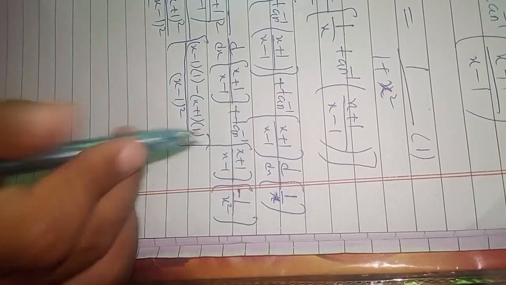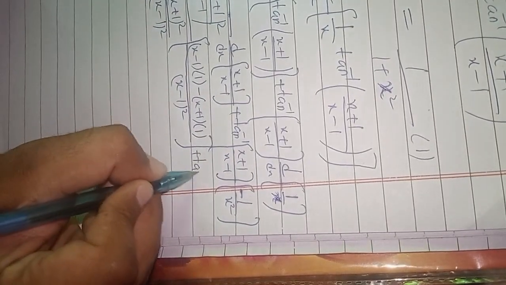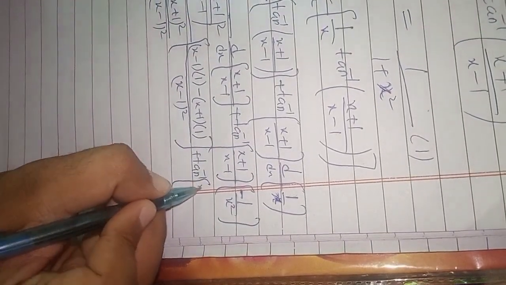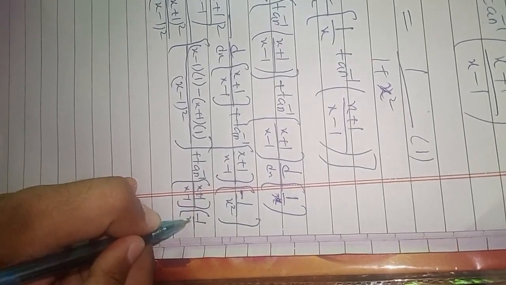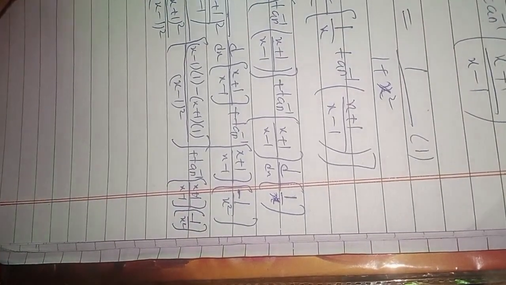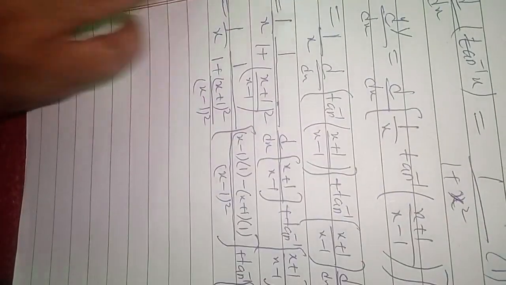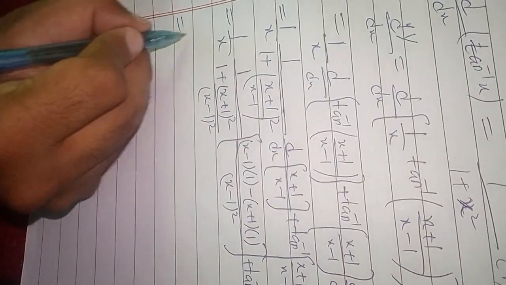So we will leave the x plus 1 as it is and take the derivative of 1. Similarly we will leave the tangent inverse function x plus 1 over x minus 1 and the second function as it is.